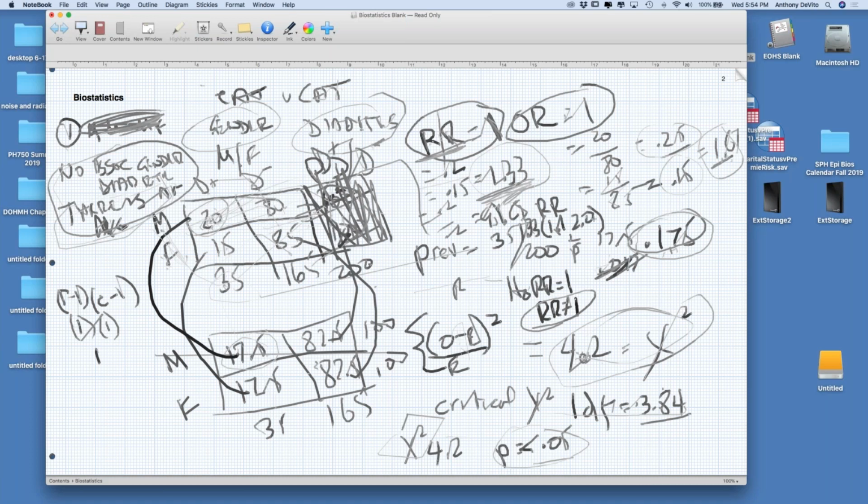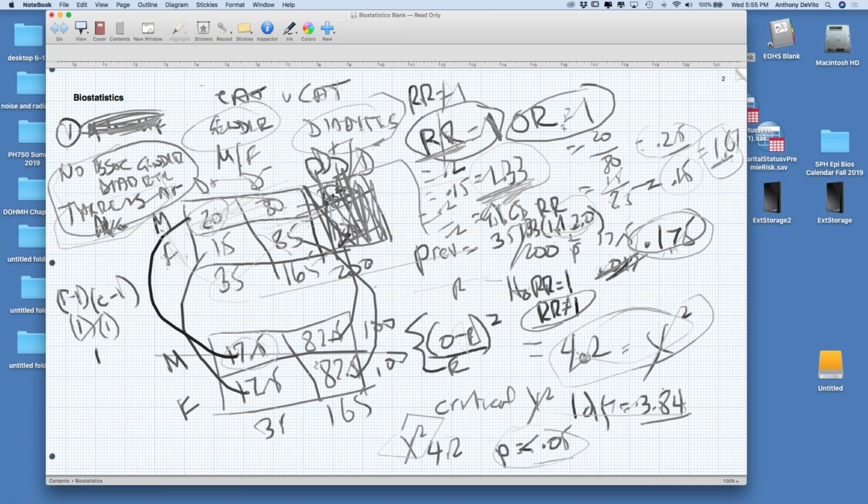We're 95% sure the true relative risk is between 1.1 and 2.0, which means we're also 95% sure it's not 1, because 1 is not in between there. So if 1 is not within our confidence interval, we can reject the null hypothesis and say the relative risk is not equal to 1.